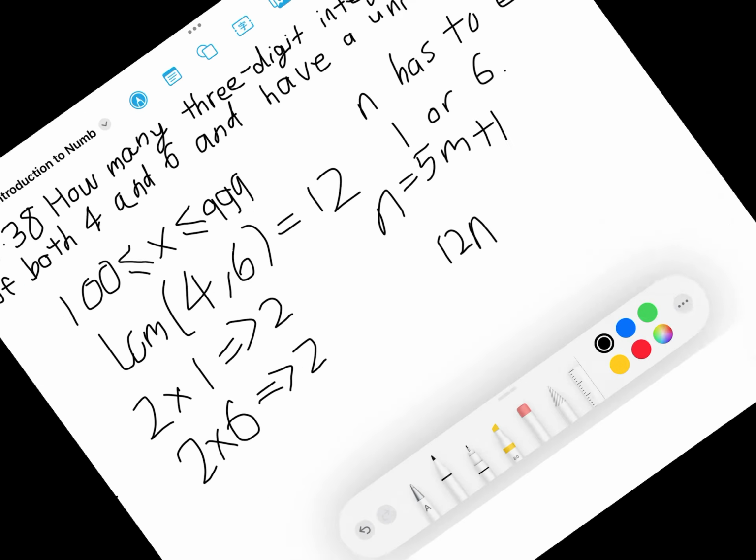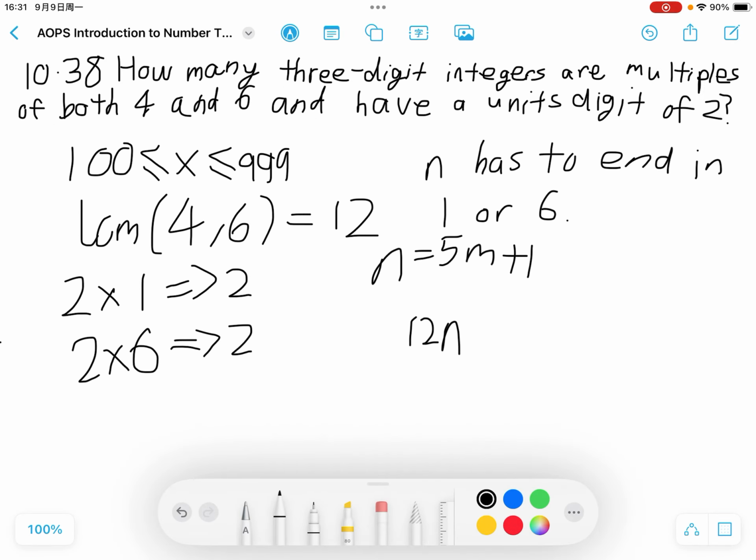So basically here, 12n is our x. 12n is the number we want, because 12n is a multiple of 12, obviously, and it ends with a unit digit of 2. So what is our range? It's 100 to 999 inclusive.